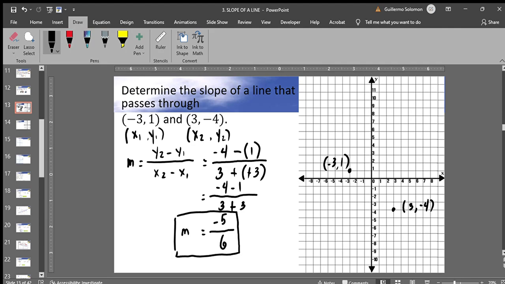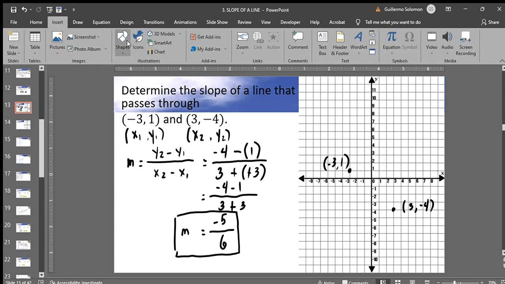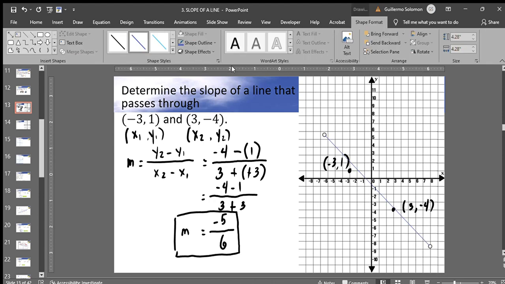And next, let us draw a line. Let's insert a straight line that passes through those points. So this blue line here is our graph of that line, and it tells us it passes through those 2 points.